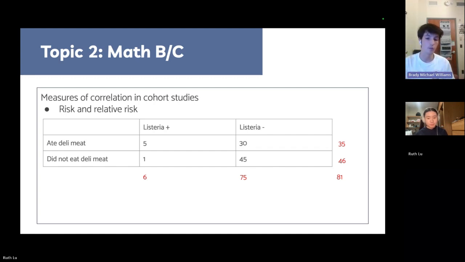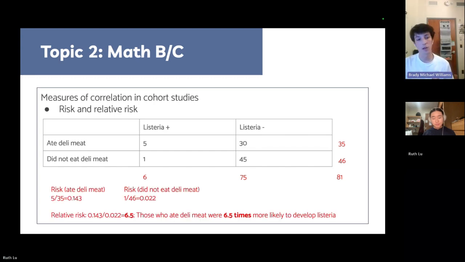So you can see in this red text, those are the sums. 6, for example, would be the total number of people who got listeria, right? So there are 5 people who got listeria and ate deli meat, 1 person who got it and didn't. So that's 6 people in total who got listeria. And then we can add all of those numbers up on the bottom or on the right and see that we have 81 people total in our study.